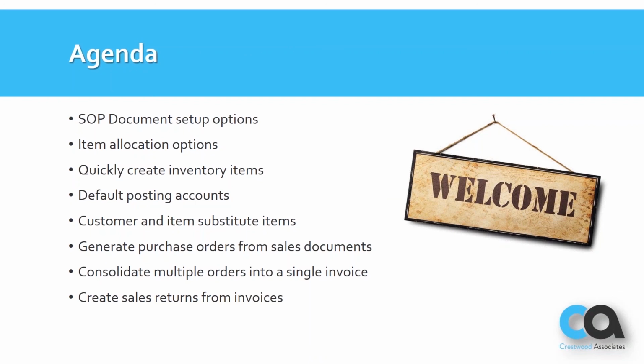The other advantage is they're now committed to each other. So when that purchase order gets received and that shipment arrives, it's automatically committed to that sales document. And there's also a restriction so that the sales document can't accidentally get transferred over to an invoice until that PO has been received. So there's a lot of advantages to using this feature.